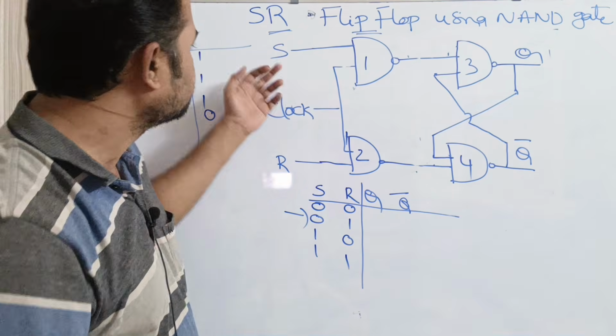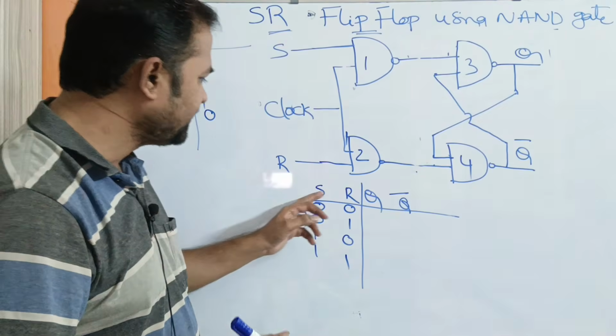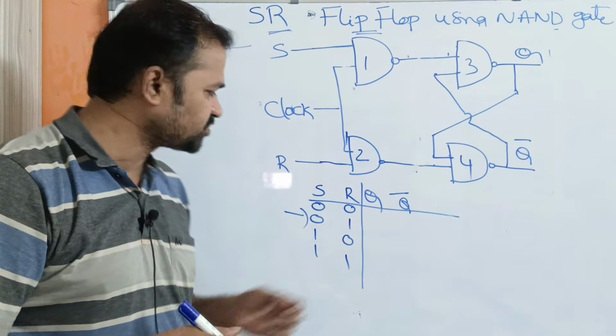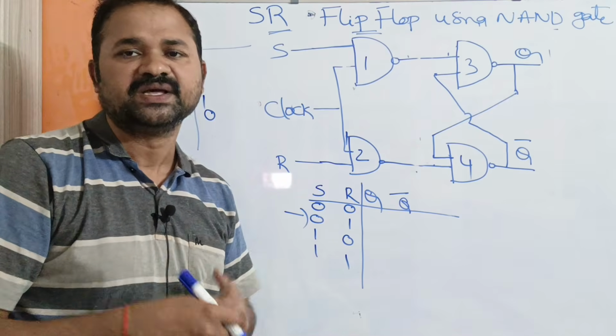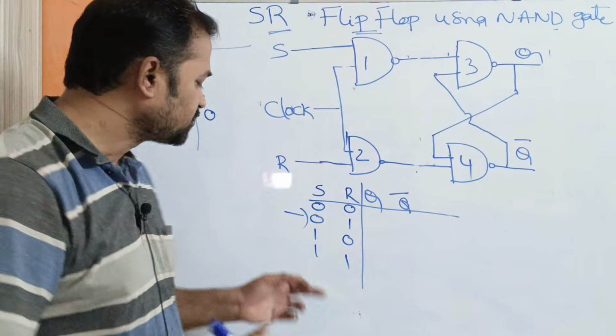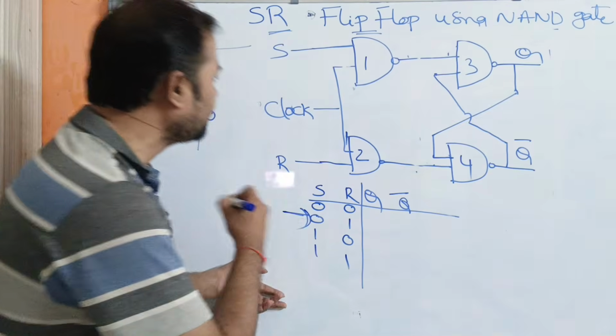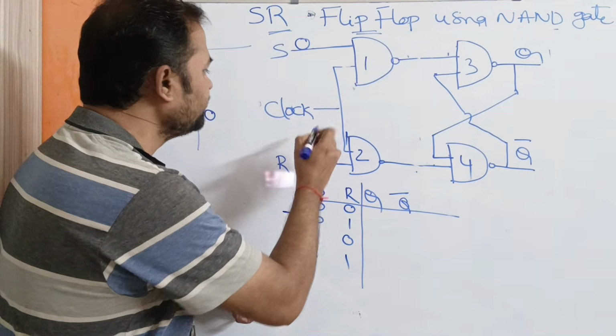Okay. So let us see the truth table here. S and R are the inputs, and Q and Q bar are the outputs. Here we have two inputs, so totally we will have 4 combinations. First let us see 0, 1. S value is 0, R value is 1.